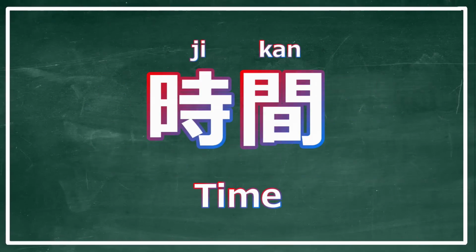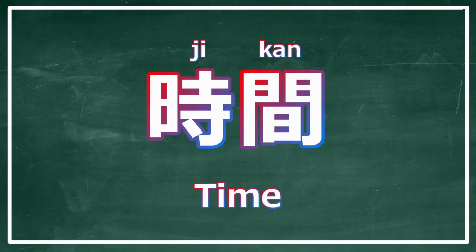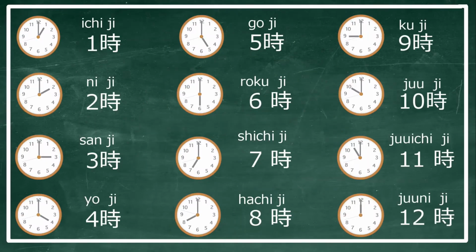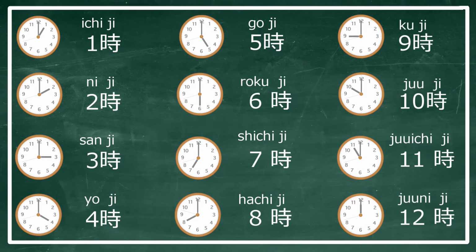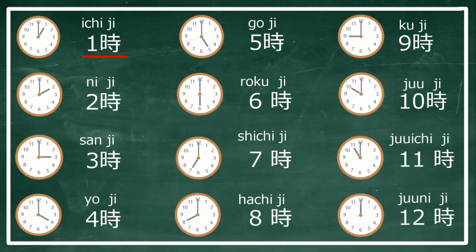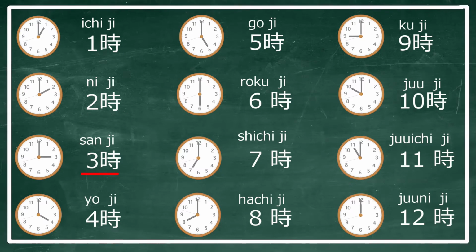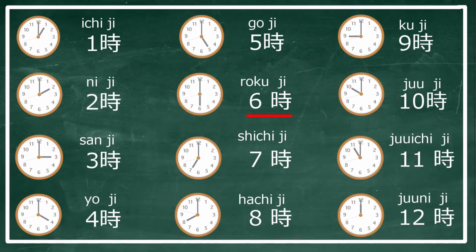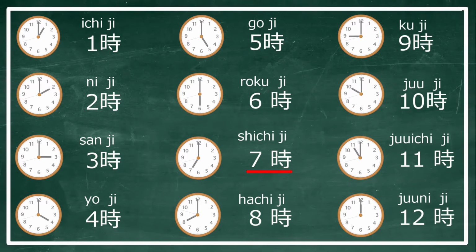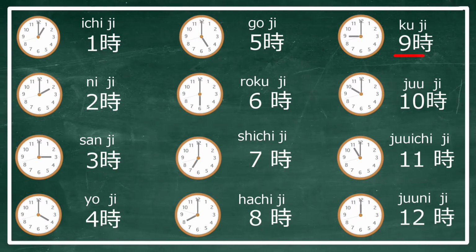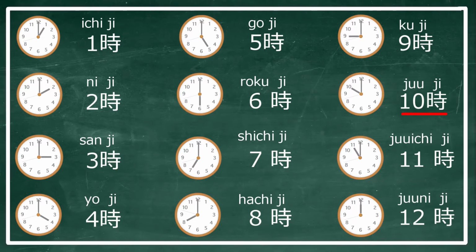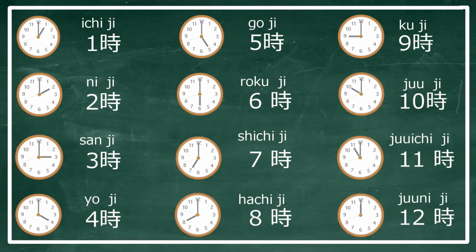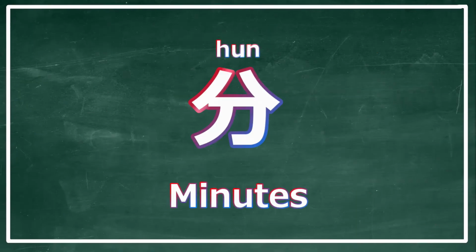Time. Let's move on to time expression. Hour. This is how you express the hour. 1時、2時、3時、4時、5時、6時、7時、8時、9時、10時、11時、12時。Minutes.